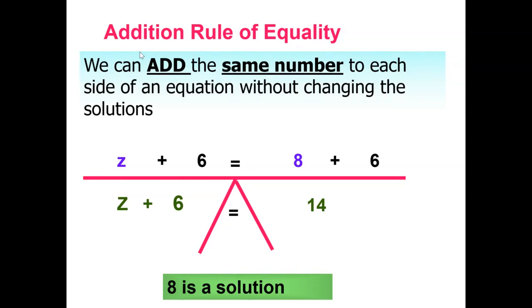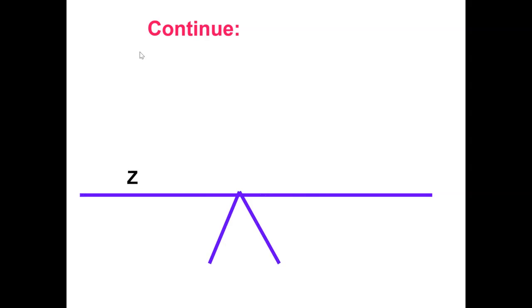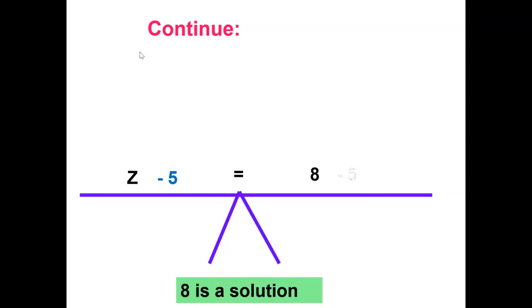Now, can we try subtracting the same number and see if that still works? Let's give it a try. I'm going to take the same beam and start with z equals 8, as I know 8 is a solution. This time I'm going to subtract 5 from both sides and get my new equation as z minus 5 equals 3.